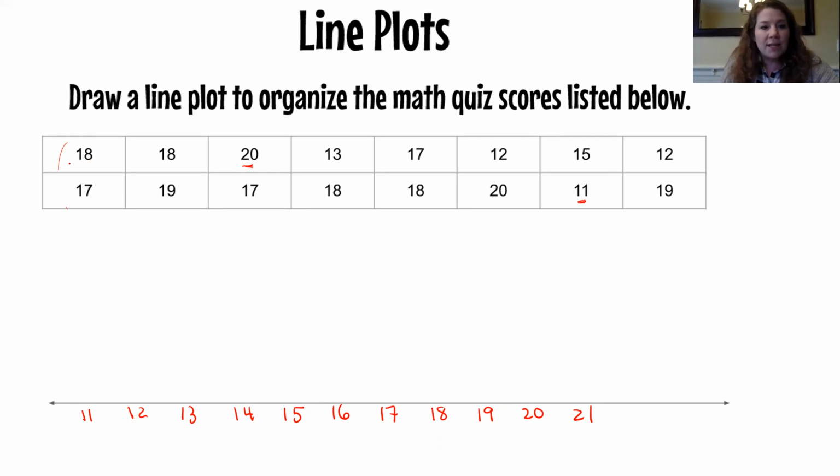So I'm going to start with the first number. I'm going to come down here. You can either put a circle like a dot or a dot plot, but I like to use X's.